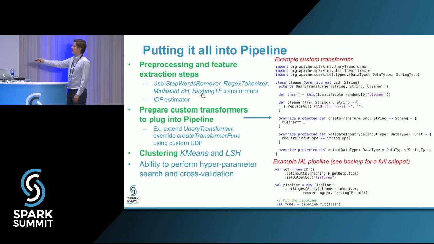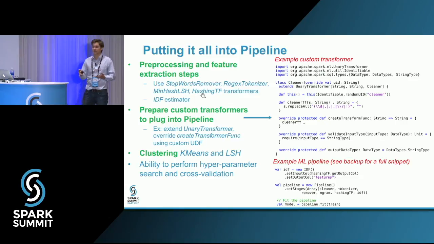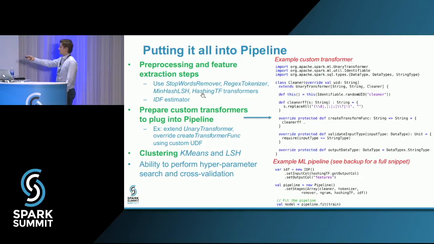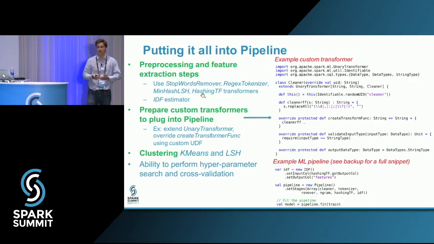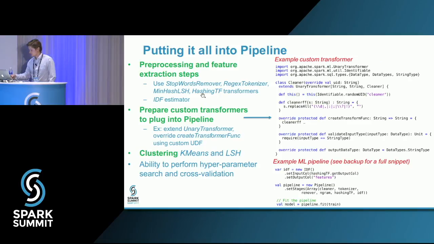Here's a somewhat simplified example, which all it does is just clean text. So all one needs to do is to extend the unary transformer class and define the logic of your transformation here in the function inside, and then essentially just drop it in the create transform func and override this function. And then you can easily use it in your pipeline, basically hiding all of the computation from the researcher.